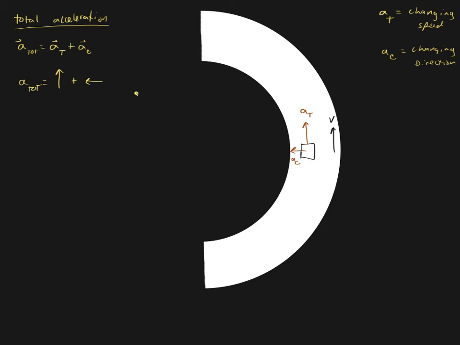And drawing a head-to-tail diagram, we get a tangential head to tail with a centripetal, and that's going to leave us with a total being the hypotenuse of a right triangle. So anytime you have a situation where an object is accelerating both tangentially and centripetally, all you have to do is use the Pythagorean theorem to find the total acceleration.